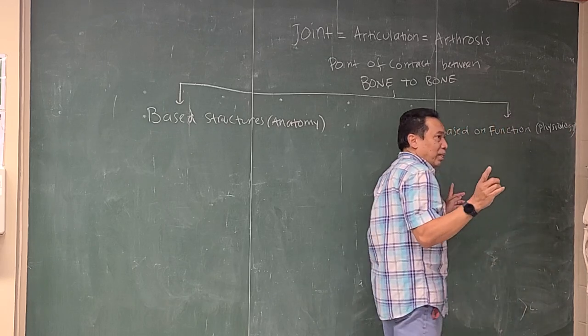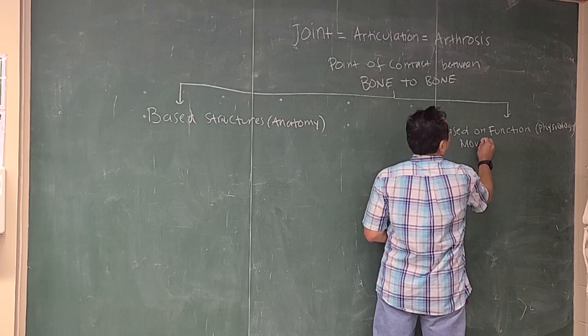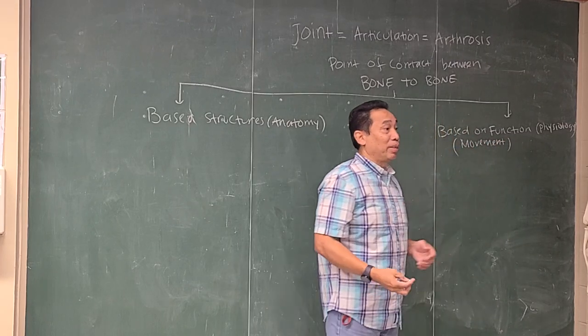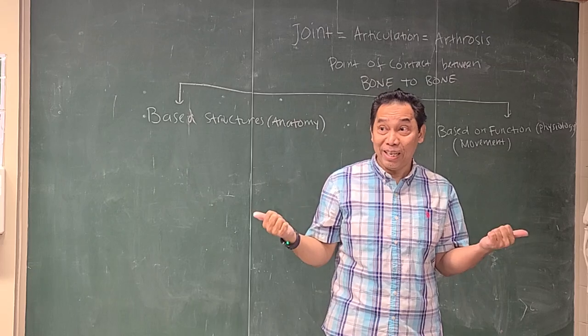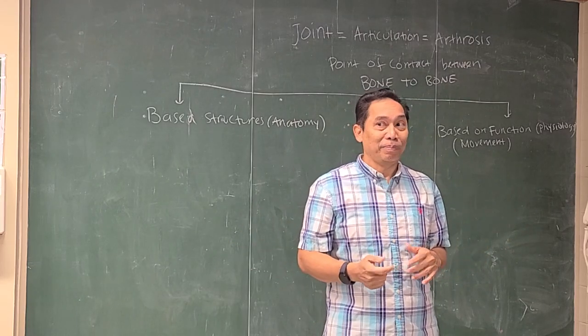And mostly the function of bone is for what? Movement. So this one is based on movement over here. You follow this? Right? Based on structure and based on function.